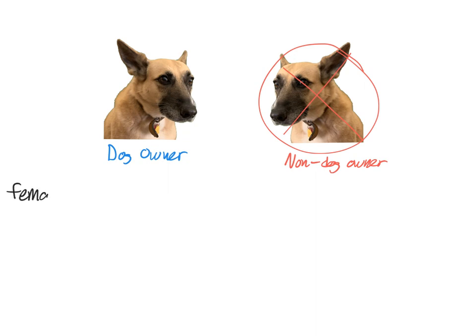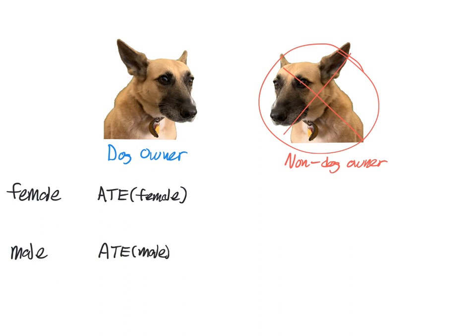To solve this problem using regression adjustment, we would form 2 strata. All the women go into one stratum, and all the men go into the other. We would then compute 2 conditional average treatment effects.